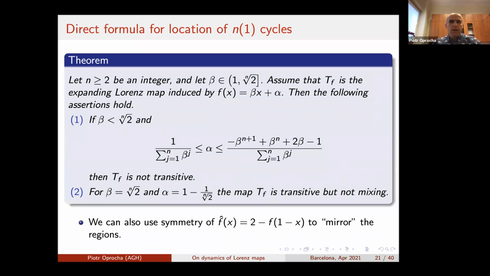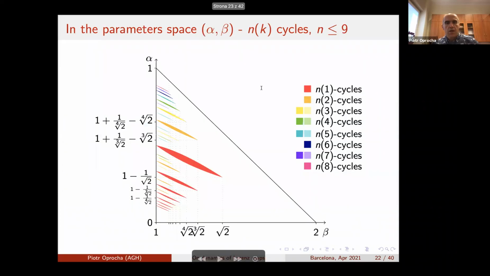Okay, and then Pavel spent some time, because in Glendinning there were recursive formulas for finding these regions. We tried to find direct formulas, but only for small parameters it was possible, not in general. Okay, so that is how this looks. And at the tops of all these regions, everywhere here, it's exactly the case when you have transitivity but not mixing, and inside of these regions you don't have transitivity.